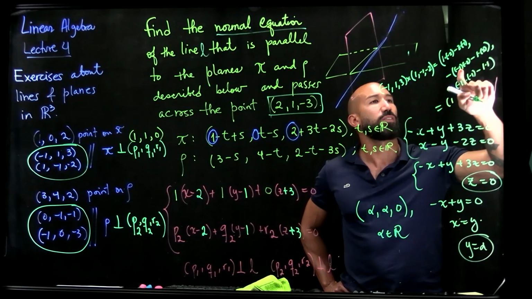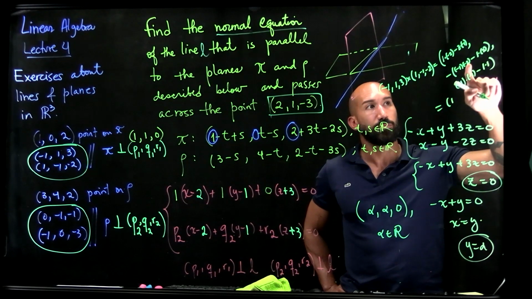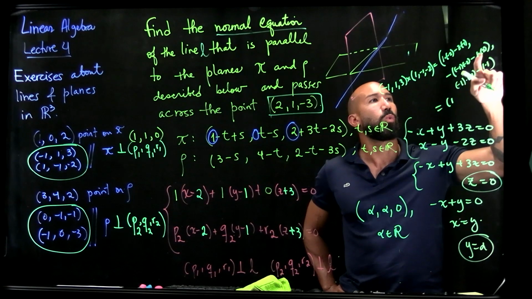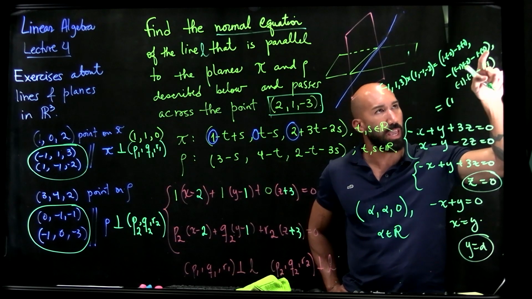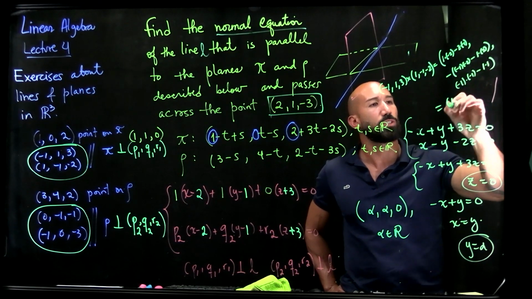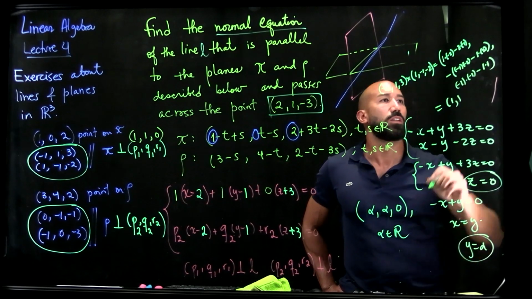Now we have here minus 1 times minus 2 is positive 2. 1 times 3 is 3, but I have a minus here, so this is going to be 2 minus 3, which is negative 1. With this minus here is 1.